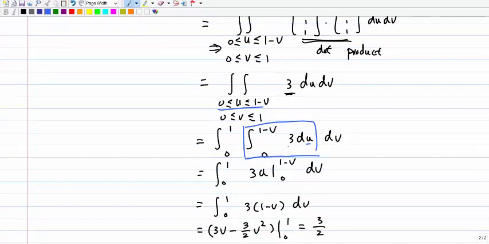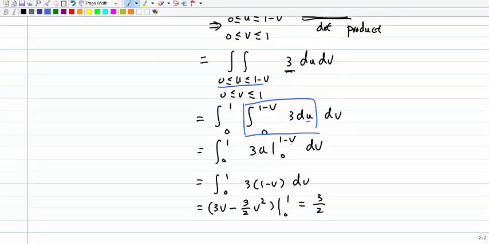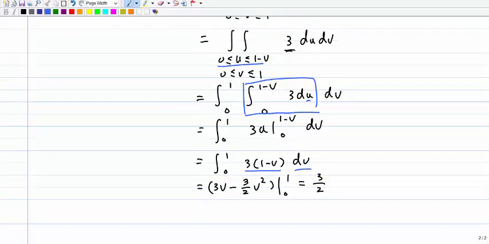If you integrate 3 over u, you get 3u. Evaluate 3u at 1 minus v and 0: 3 times 1 minus v minus 3 times 0 is just 3 times 1 minus v. Then you integrate from 0 to 1 over v. The integration of 3 minus 3v over v is 3v minus 3v squared over 2, evaluated at 1 and 0.